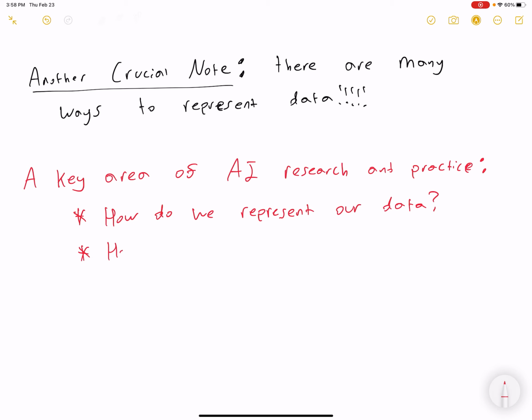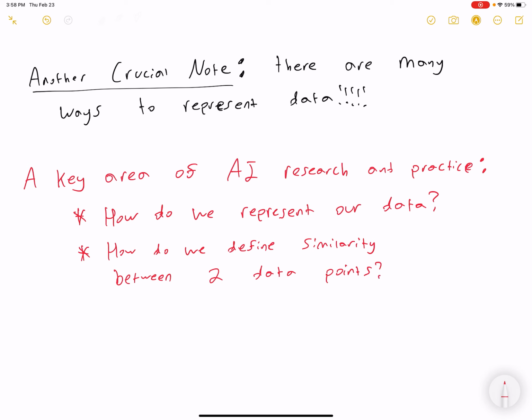And how do we define similarity between two data points?